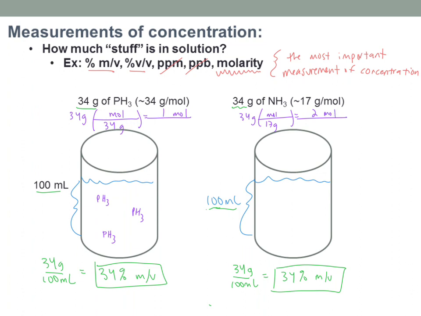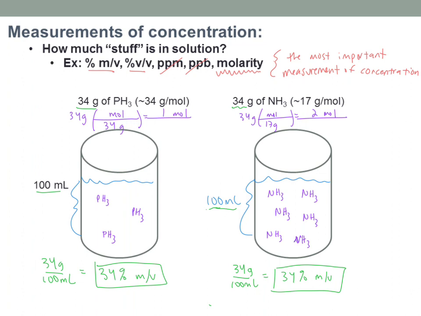I'm adding twice as many ammonia molecules as phosphine molecules if I add 34 grams of each. So over there I drew 3 phosphines, and here I'm going to draw 6 ammonias. That's kind of a weird number, but we're going to go with it.